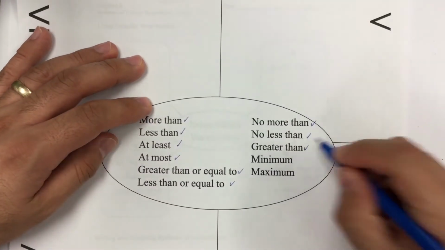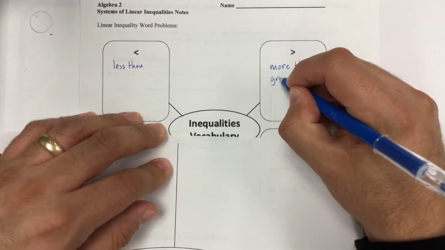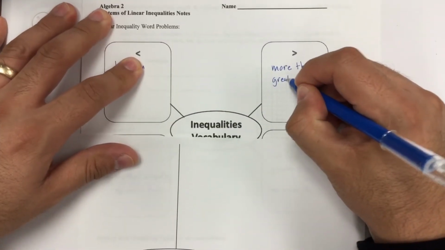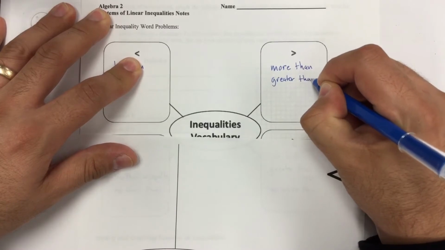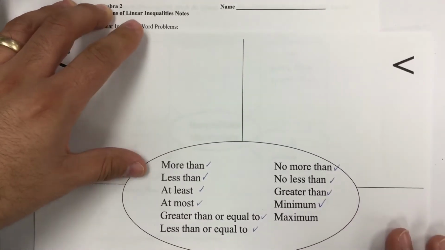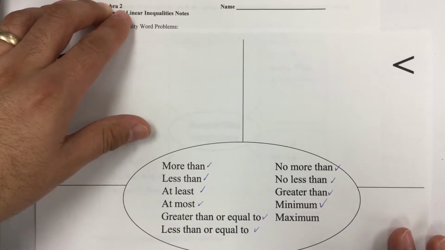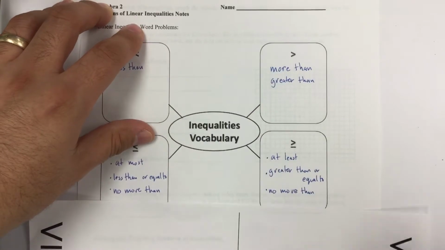We have greater than. Minimum. Minimum is like the lowest that you can receive. So it would be greater than or equal to.